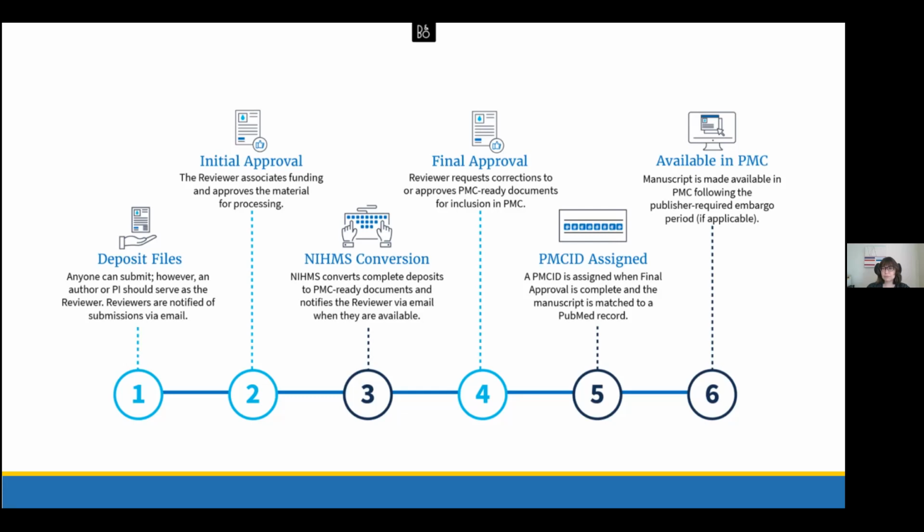Isn't that correct? Yes, absolutely. And also just to note, only the NIH funding awards will be listed in the NIHMS system, but not any of the other ones. Right.